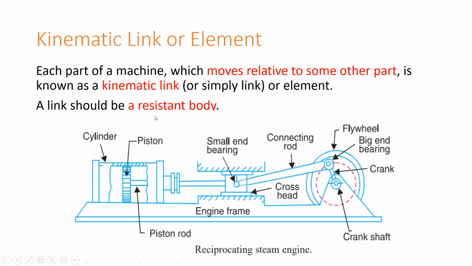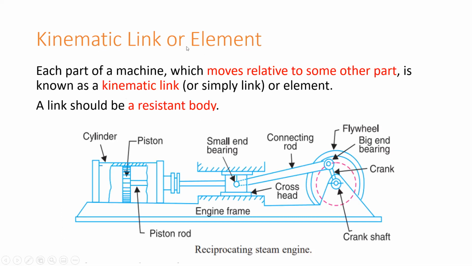Now let us start with the very basic part of any machine or mechanism, which is called a link or element. If you want to say it precisely, it is called a kinematic link or element.